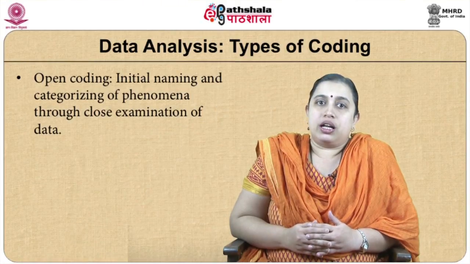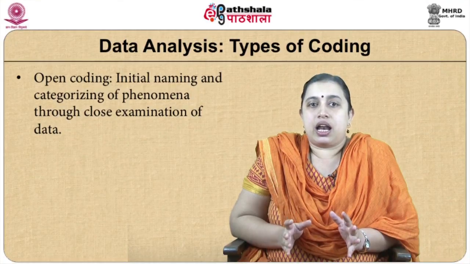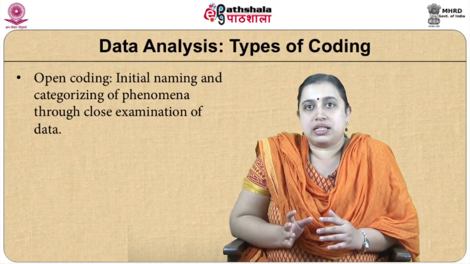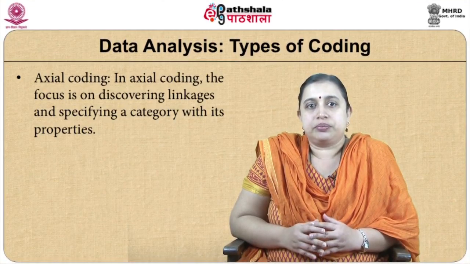As I said, in the second phase of data analysis, a lot of extensive coding is done, which is one of the main ways of analyzing qualitative data. There are three types of coding. First is open coding. Open coding includes initial naming and categorizing of phenomena through close examination of the data.